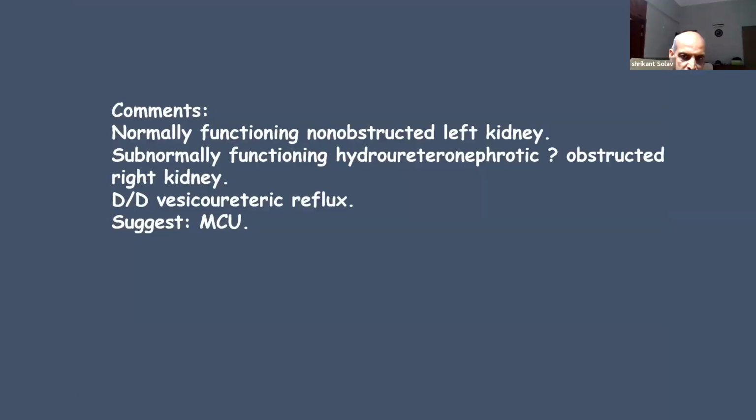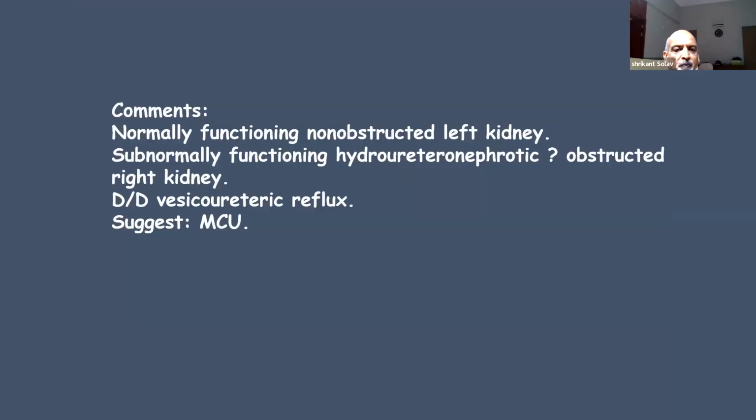So as standard guidelines in the textbooks of urology and pediatric surgery, any patient with hydronephrosis, regardless of what other investigations say, a micturating cystourethrogram is an absolute must. It's required to rule out reflux before proceeding for anything else.